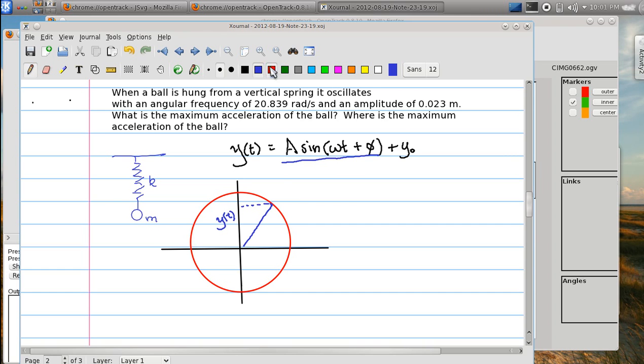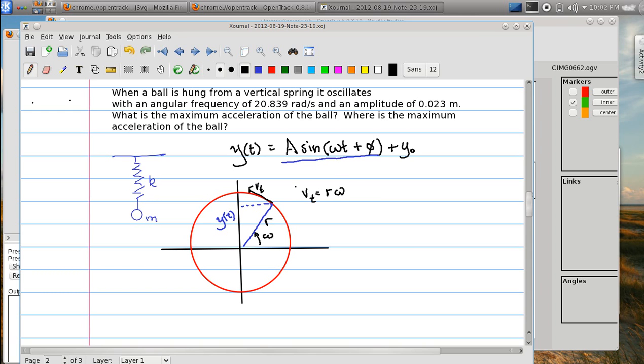If you wanted to get the linear velocity, the tangential velocity of that point, you would say there's some radius r and some angular velocity omega, and the tangential velocity, v of t, is equal to r omega.